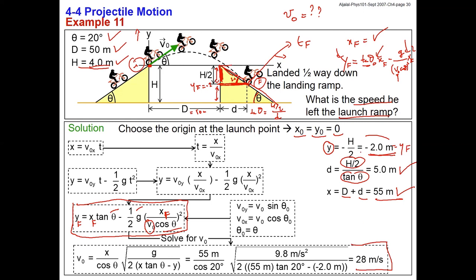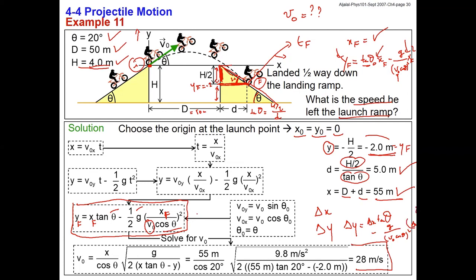Bottom line, all I need to know is delta x and delta y. And then I will use the equation of the parabola. Delta y is equal to delta x tangent theta, which is the equation of my parabola, minus g divided by v naught cosine theta squared, multiplied by delta x squared.